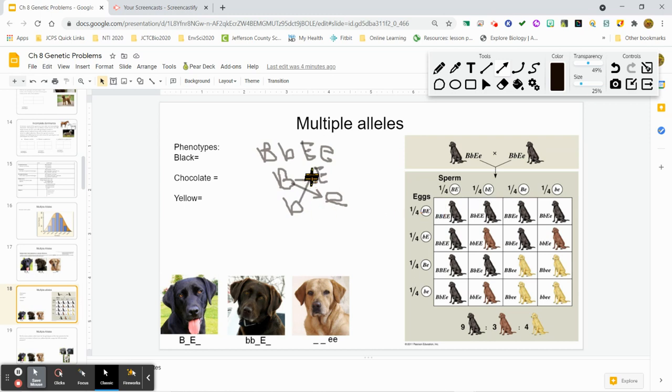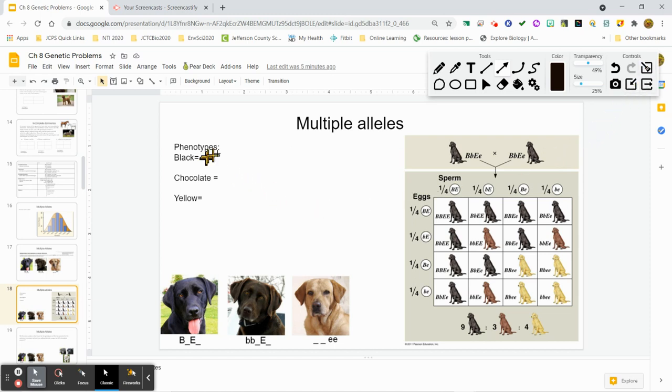And then you're going to have little b, big E, right there. And then you're going to have little b, little e, which is right there. Whenever you have a heterozygous parent and you're looking at two traits, you're always going to have four different types of gametes. And since the mom and the dad are the same, this is the dad, and the mom is going to have the exact same alleles.